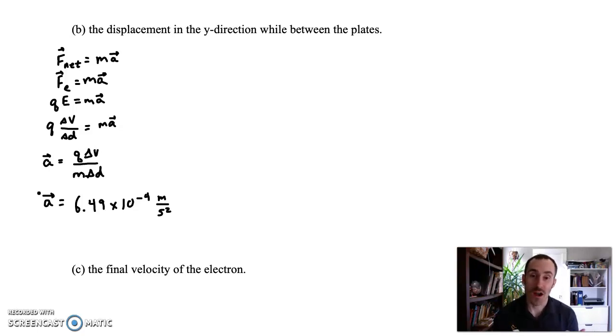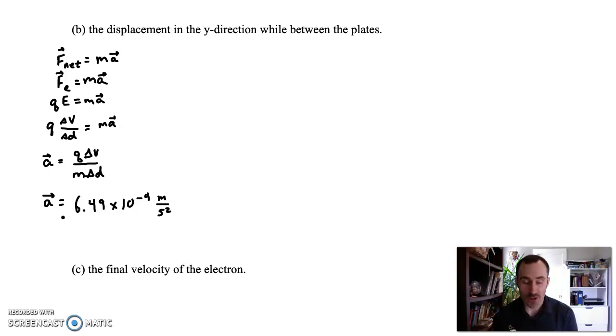Okay, so I know the initial vertical velocity. I'm looking for the final vertical velocity down here so that I can figure out the displacement. There's other ways, but in order to get there, I have to have the acceleration. Now, let's take stock of what we have. We have the acceleration, we have the initial vertical velocity, we have the time.